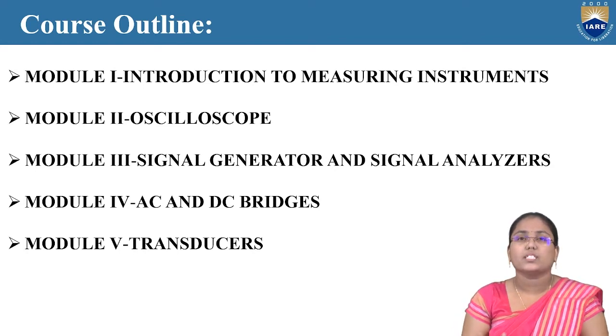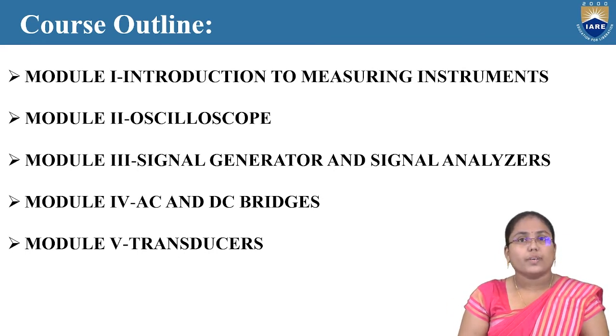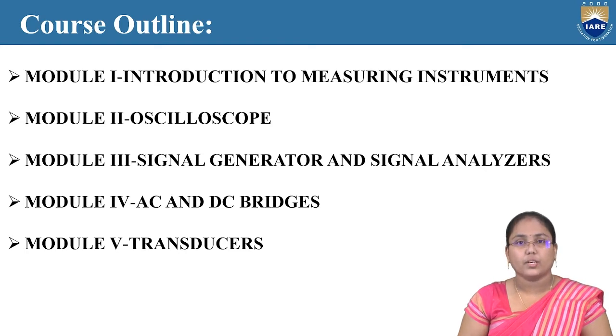Next, in the second module we are going to discuss the oscilloscope. The oscilloscope is another type of measuring instrument in which we can visualize the output or input signals.